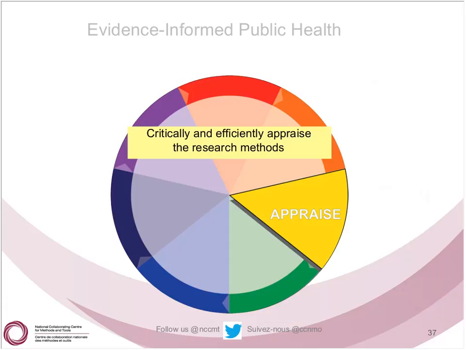We found an article that was a systematic review that gave us some information about a topic of interest to us, homeless populations and ways to improve health using some social or structural approaches. Now, we're fortunate in that case because Health Evidence had already done the appraisal for us. So again, for efficiency, that's awesome, because if we trust the appraisal that they've done, and I do, then we don't have to do it again.